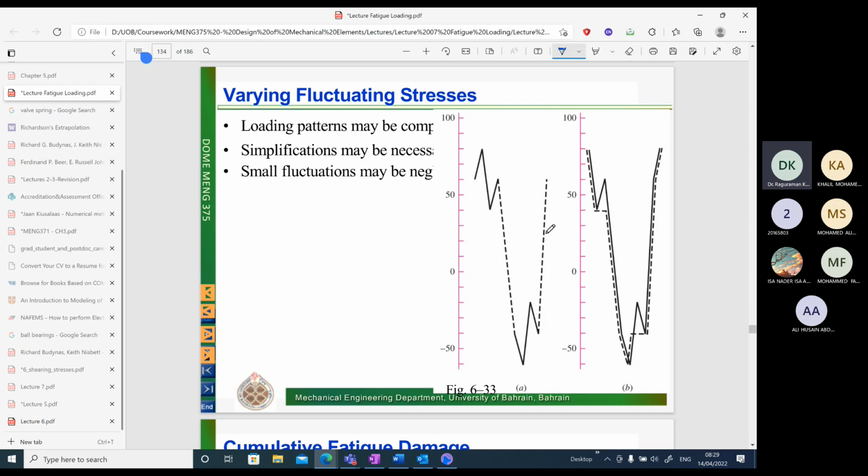So how do we replace this? We have to do some simplifications. The simplifications start with replacing this loading with 2 or 3 different loads. First load will be based upon the maximum value here. And we will start with a big cycle. So maximum value, and then goes to the minimum value, and then goes to the maximum value again. So this is one big cycle.